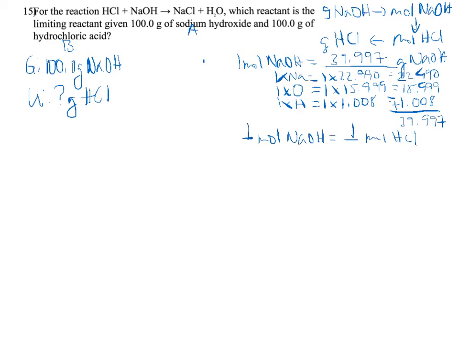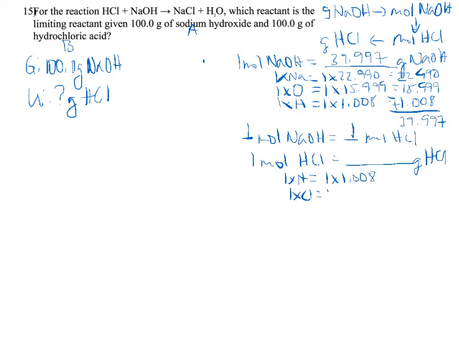And then the last step is we're trying to go from moles of hydrochloric acid into grams of hydrochloric acid, which means we need to do another molar mass. So 1 mole of HCl equals blank grams of HCl. So that's 1 times hydrogen, 1 times chlorine, that's 1 times 1.008.